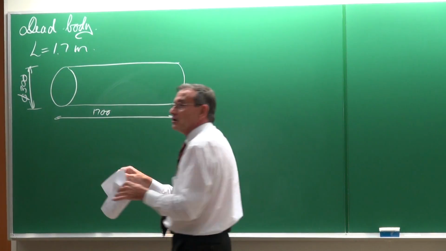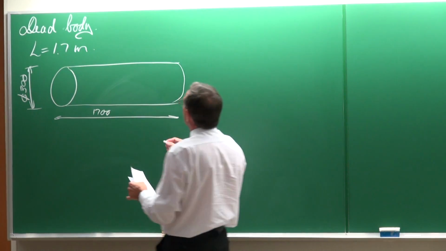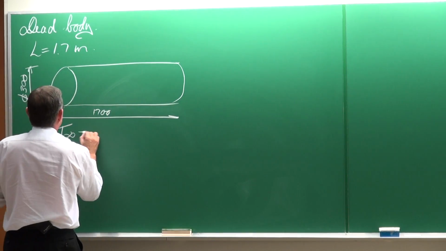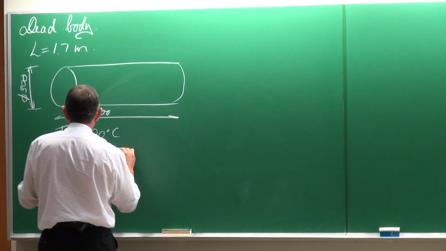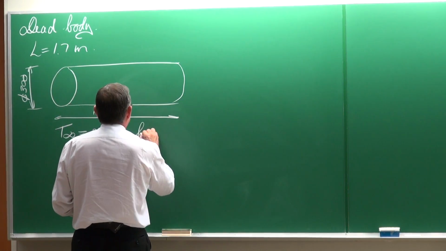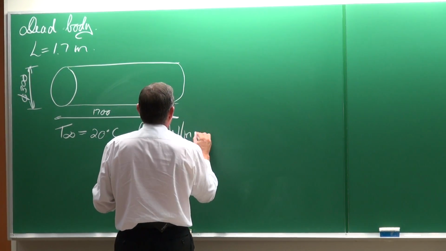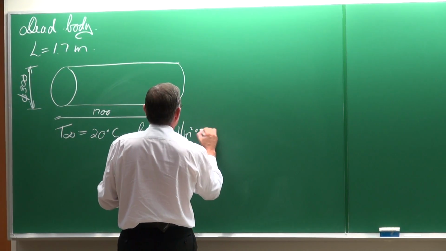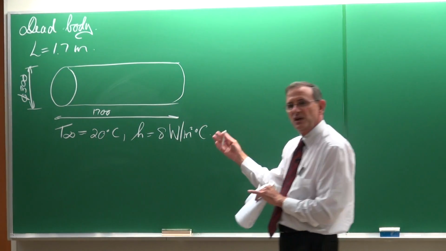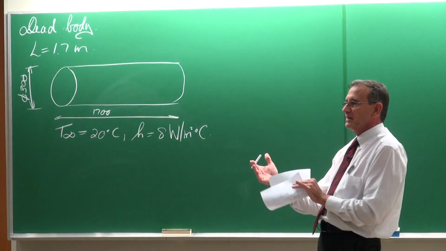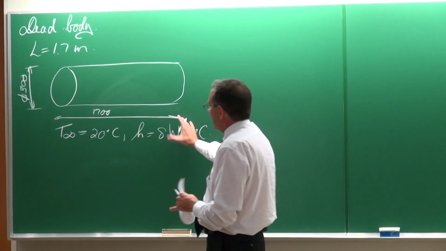And the room in which the person was found was at an environment temperature, an average one, of approximately 20 degrees Celsius, and the heat transfer coefficient was estimated to be approximately 8 watts per square meter degree Celsius, which means that most probably there wasn't a fan in the room, there wasn't air conditioning, it was just natural convection.